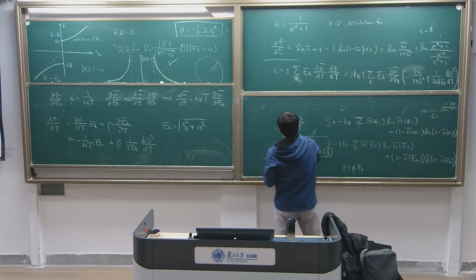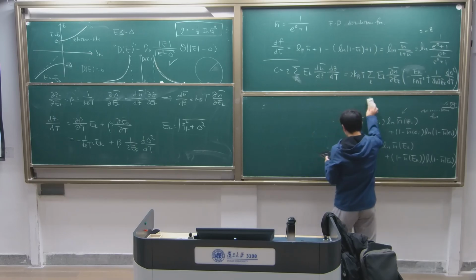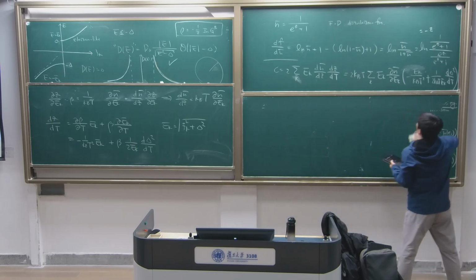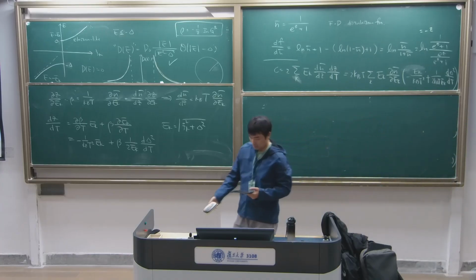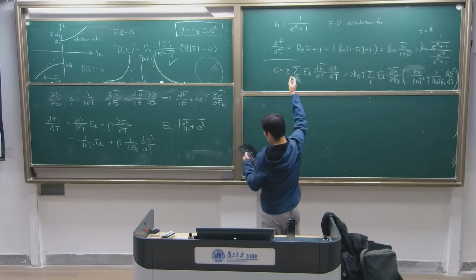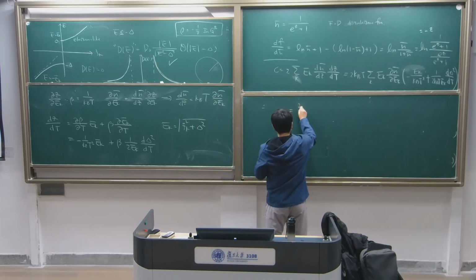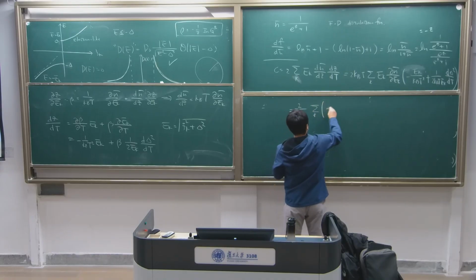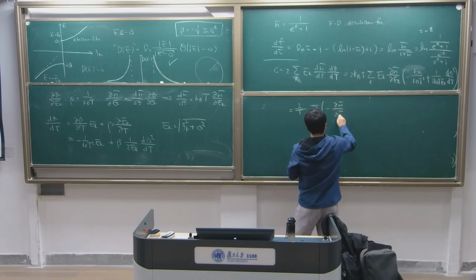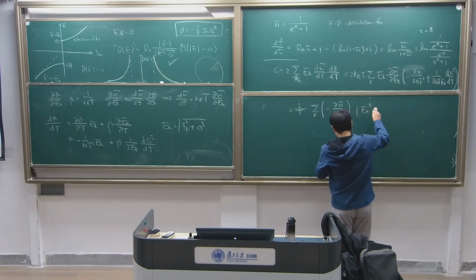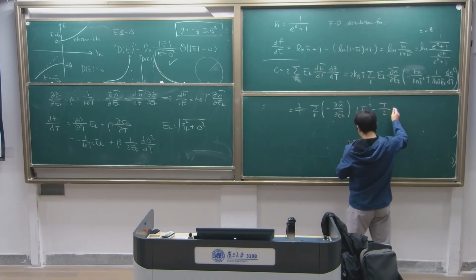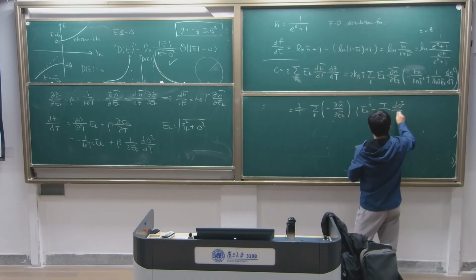And then if you just attach this equation, then this is equal to P over T, minus P over 2 del squared dt.